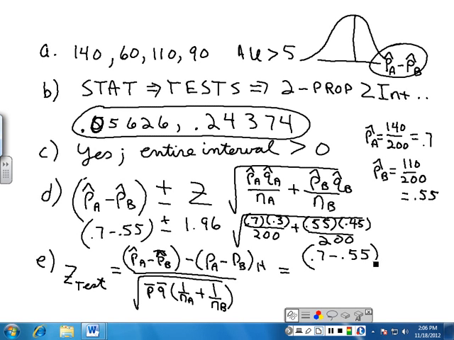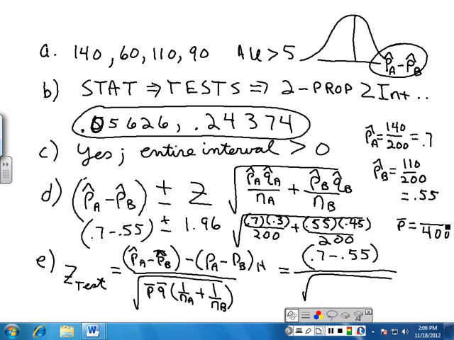And on the bottom, we're going to have the square root of p bar. p bar is the weighted average for the whole group. So we had a total sample size of 400, 200 in each group.